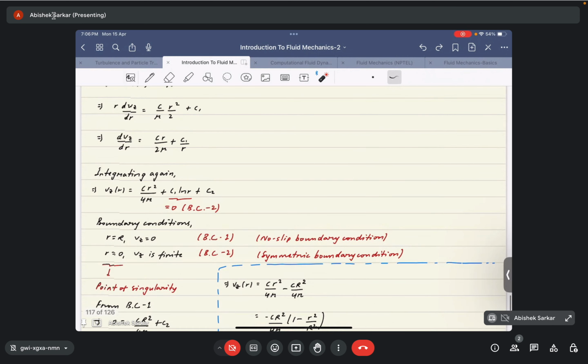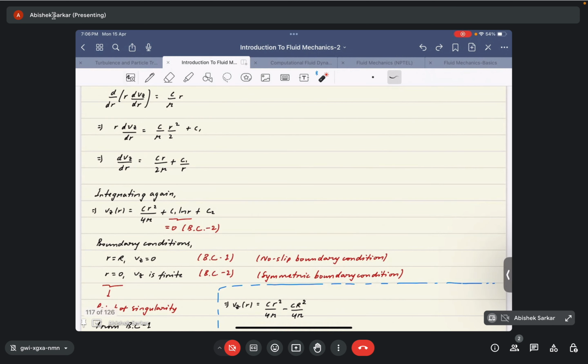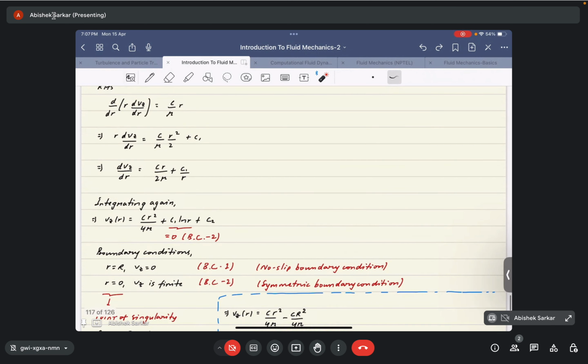How? Let's go back two steps. From this equation, if we integrate it once, we are left with r dvz by dr equal to c by mu r square by 2 plus c1. Now if we take r equal to 0 in this equation, this term will be equal to 0, and this term will also be equal to 0 if dvz by dr is finite.